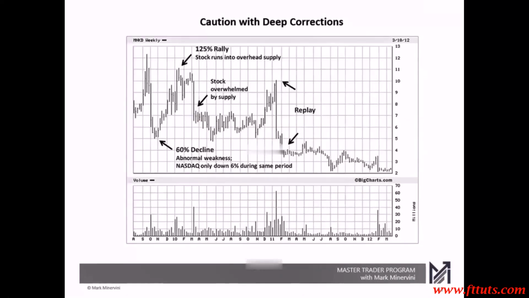And usually once a stock has had that big of a decline, I almost stop looking at it, because I just know it's going to take too much energy to get back up to the highs, and it's probably going to fail. The only time I've seen this where a stock would decline more than 50% and then come back up to new highs and break out is in years of tremendous amount of speculation.